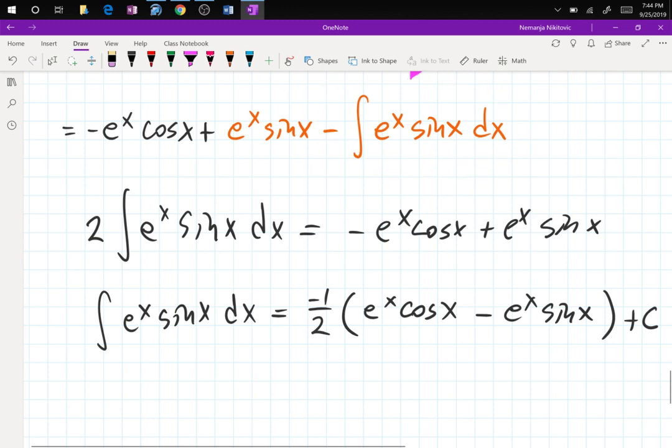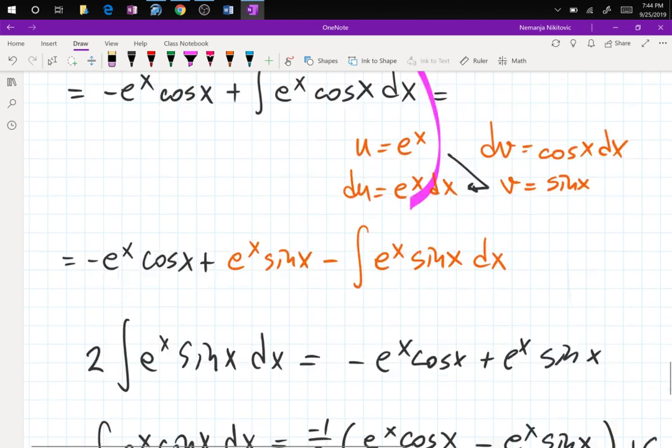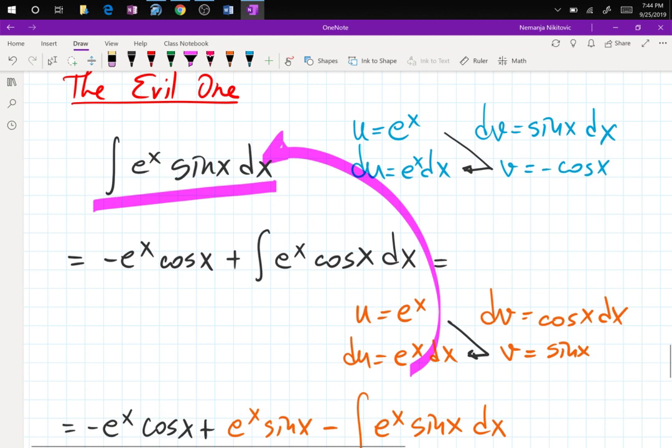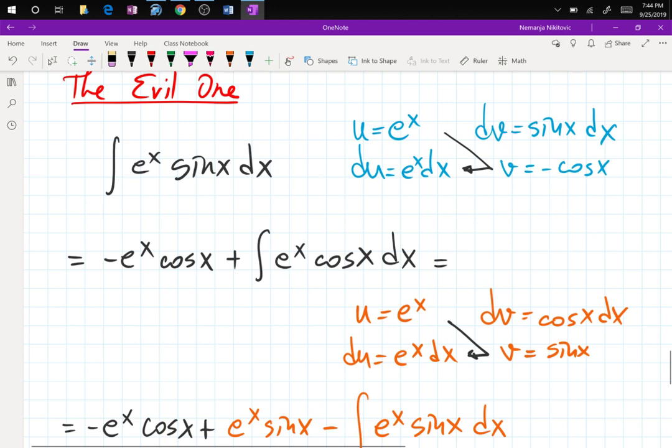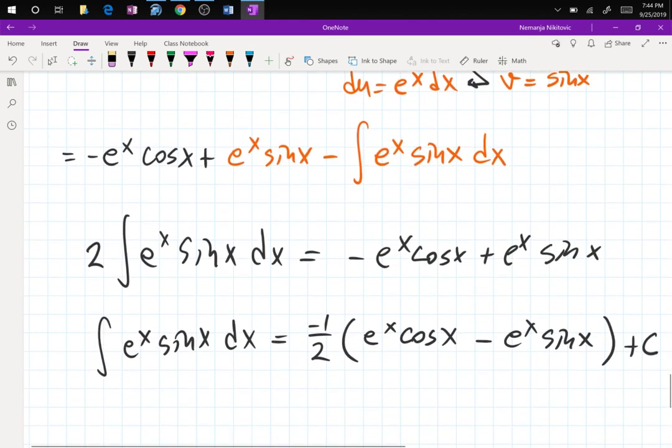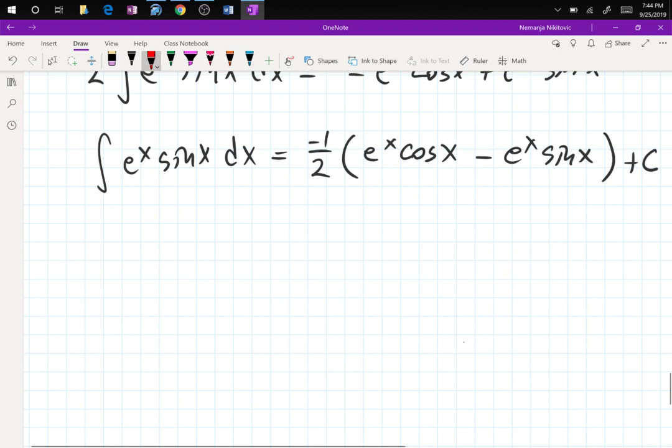So let me just put in some basic math language what technically happened here. I'm going to call the main integral m, and that was equal to some g. Let's go with the negative g.